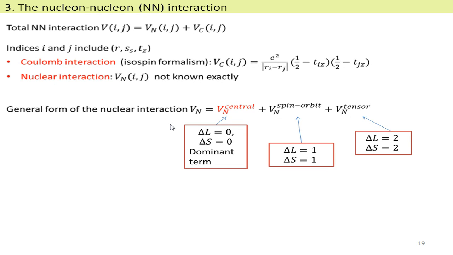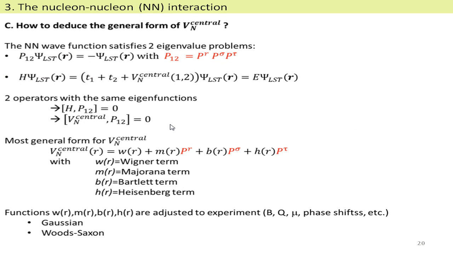We know that there are two possibilities for the spin, S equals 0 and S equals 1, and the central part doesn't change this spin. There is a spin orbit term which may change by 1, and there is a tensor part, and I will essentially describe the central term.